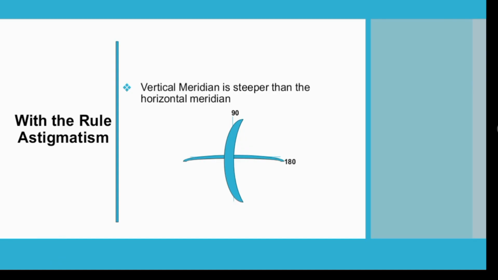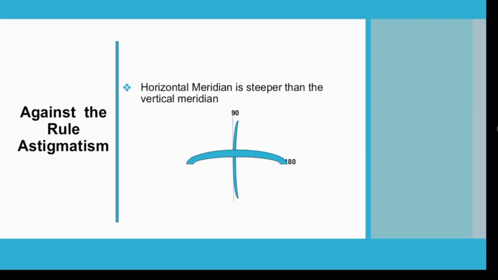In with-the-rule astigmatism, the horizontal meridian is flatter and the vertical meridian is steeper, so it has more power compared to the horizontal. Now, in against-the-rule astigmatism, the horizontal meridian is steeper and has more power compared to the vertical meridian.